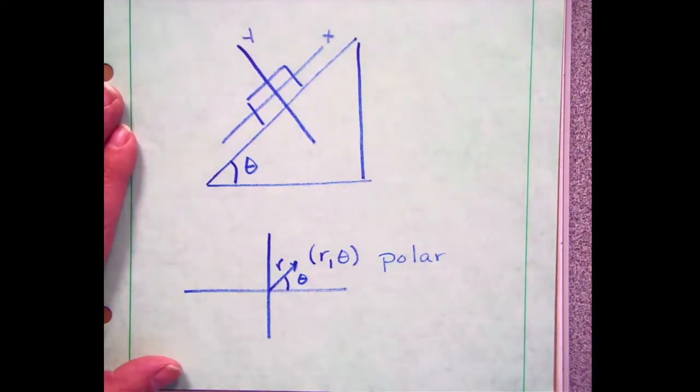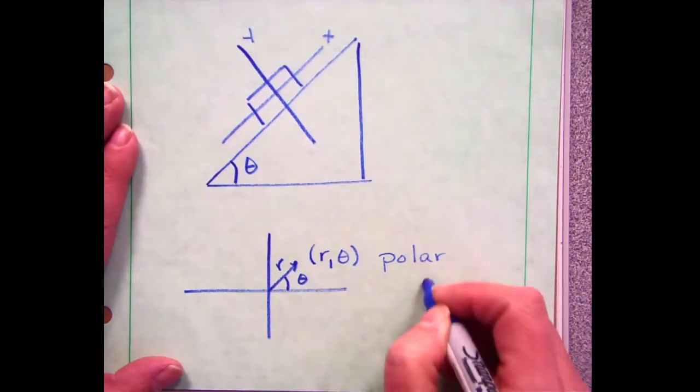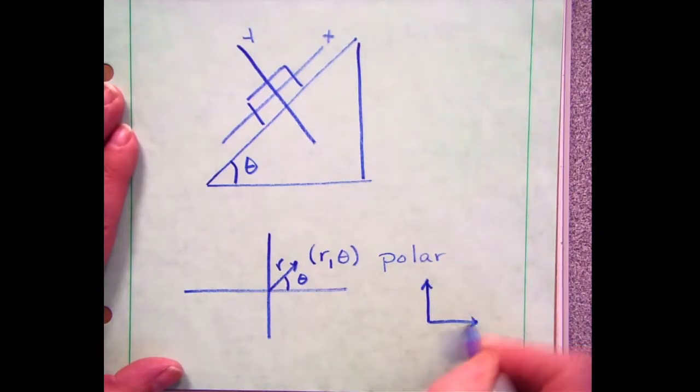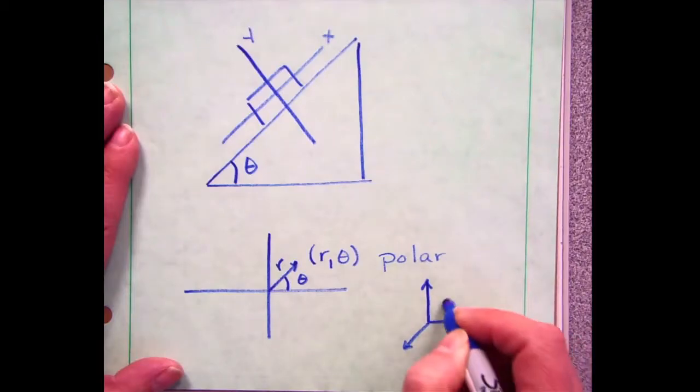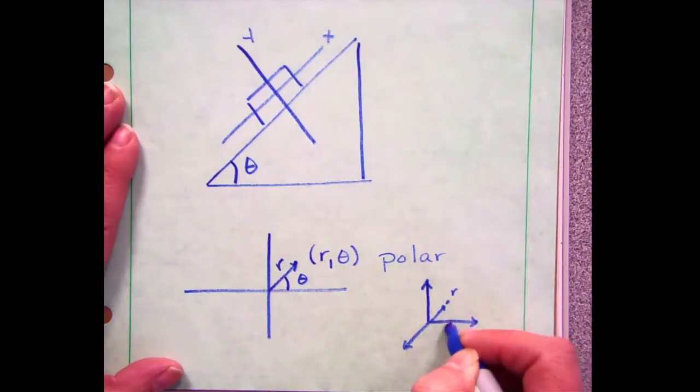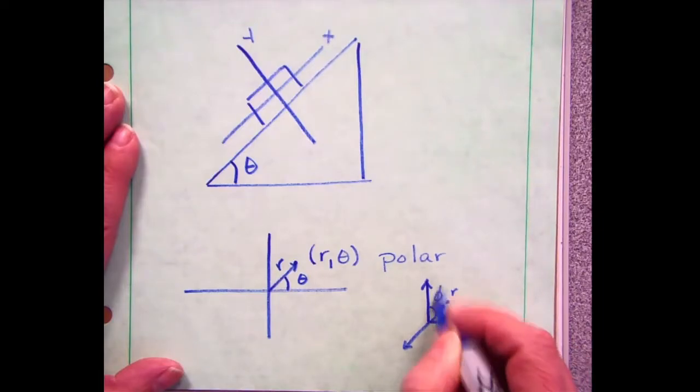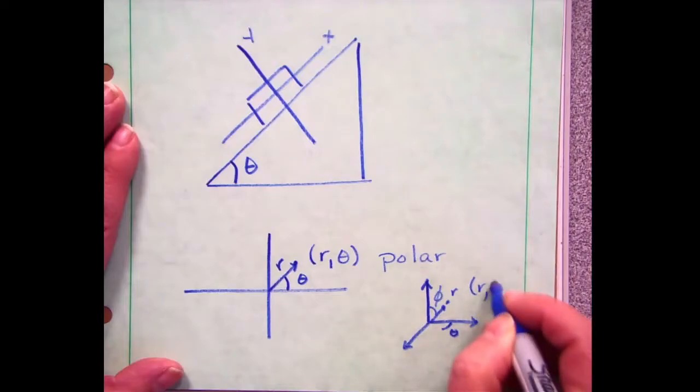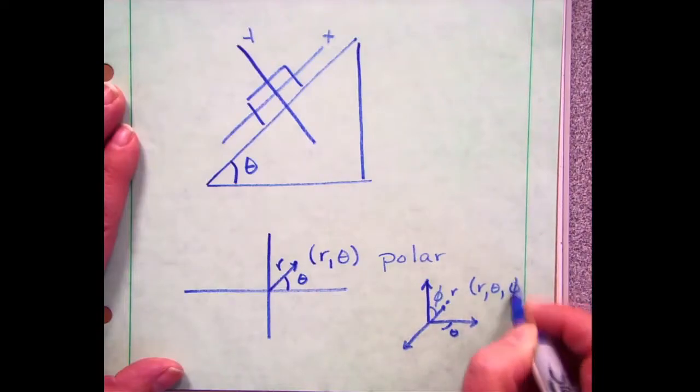Okay, I can do polar coordinates, and if I want to do it in 3 dimensions, I can have this polar coordinate. I still have an R, I still have a theta, and then I have a phi. So I can do this in terms of R, theta, and phi.